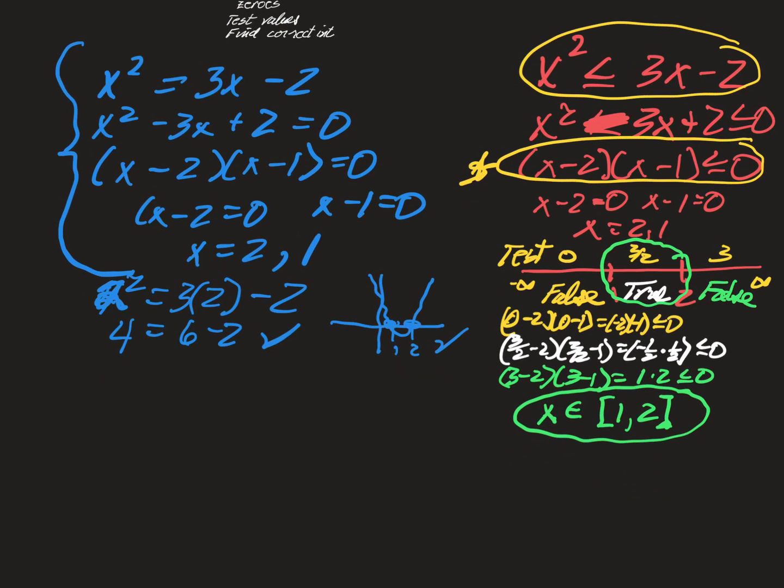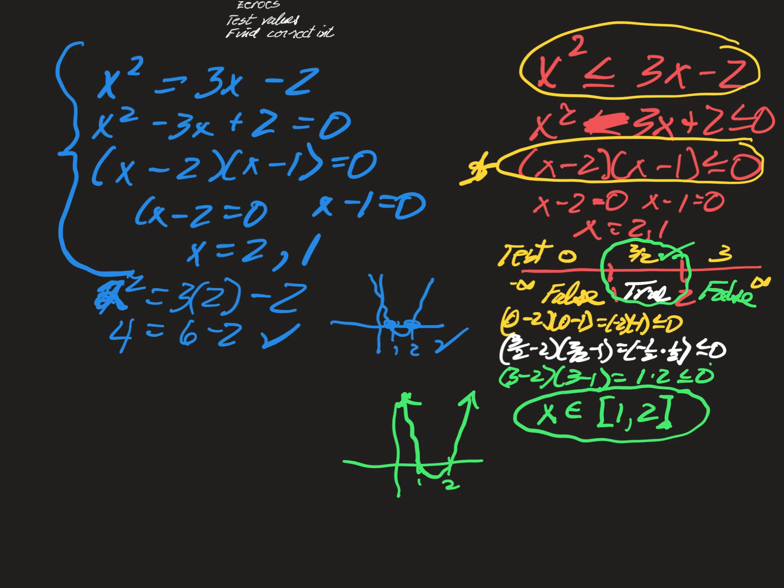We've already done sort of a check by plugging a number in, but another way is to go back to the graph. There's 1, there's 2, and this graph looks like that. What we're looking for is, where is the graph less than or equal to 0? Where is the graph negative?